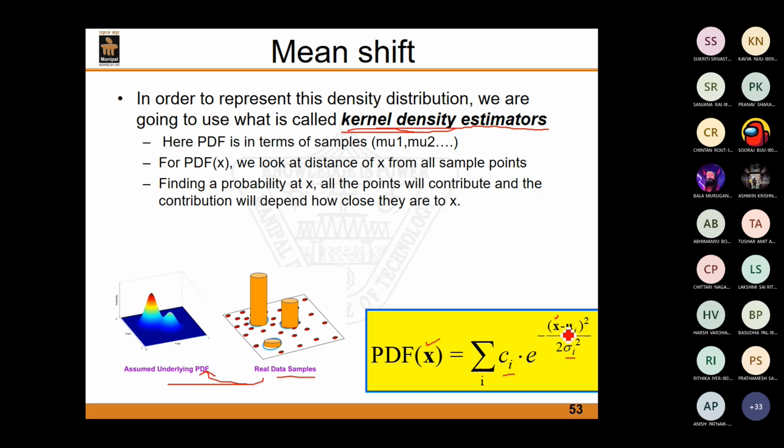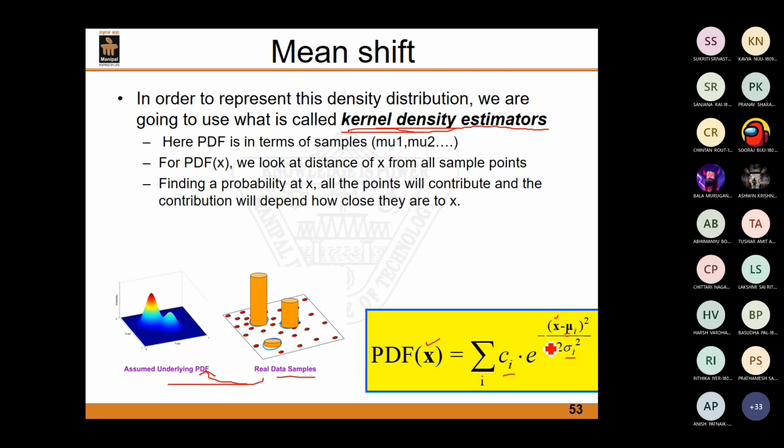And mu_i is nothing but the neighborhood. So mu_i are the neighboring points which are present surrounding x, the current point.